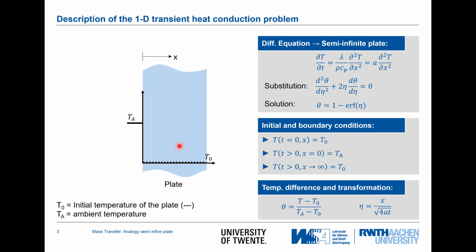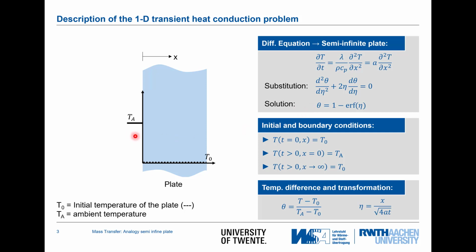However, to make the plate semi-infinite, we have to request that the temperature on the right-hand side surface of the plate remains at T0 when we use this solution. The moment the temperature here deviates from this value, we cannot apply the solution anymore.